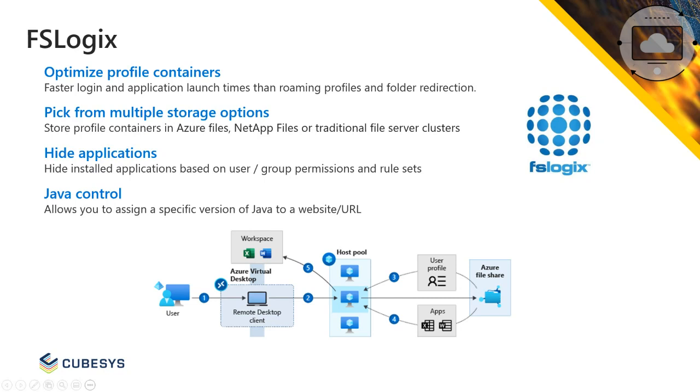If you're doing things like MSIX app attach and you have those VHDs living in the Azure file share as well, that would then get dynamically attached to the user session. And then finally, the user will log in, able to have their profile there and have their applications listed.